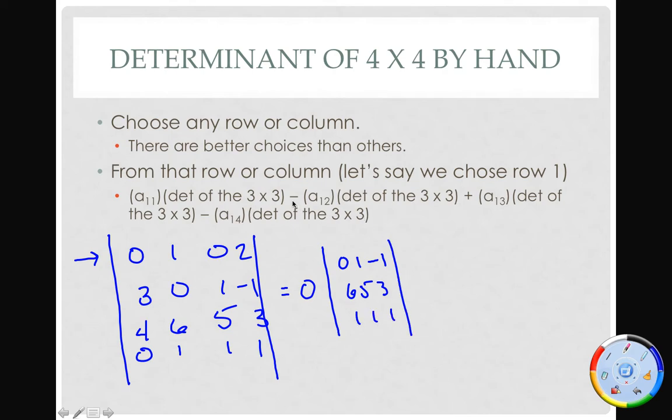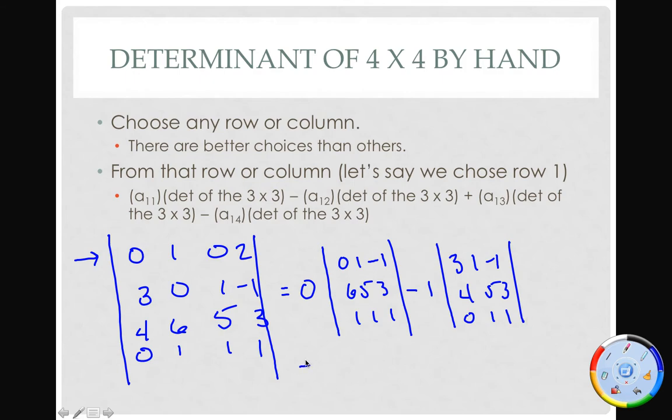And then I'm going to, notice, I'm going to subtract 1 times the next determinant. So cross out row 1, column 2, and I get 3, 1, negative 1, 4, 5, 3, 0, 1, 1. Boom.